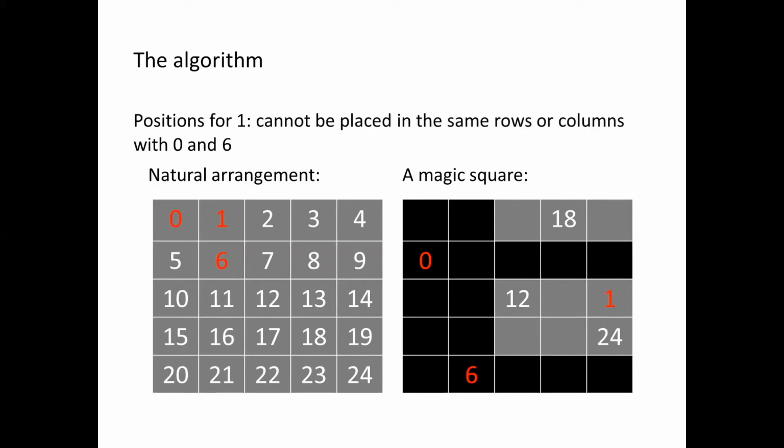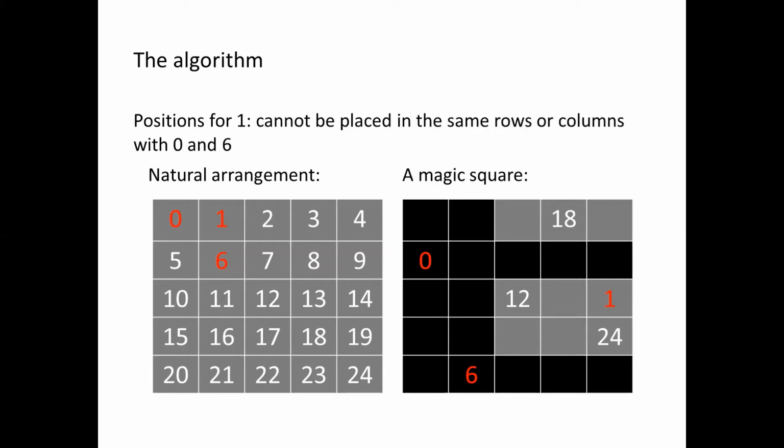For example, we place the number in the 3rd row, 5th column. Then we are ready to place all the numbers in the 1st row of the natural arrangement.